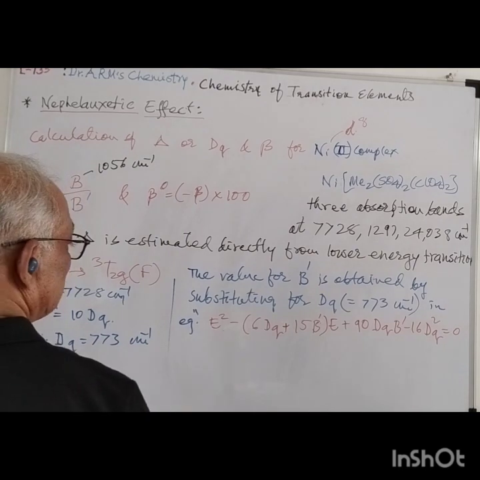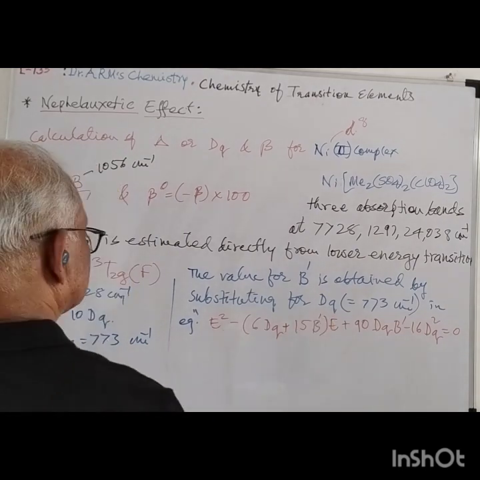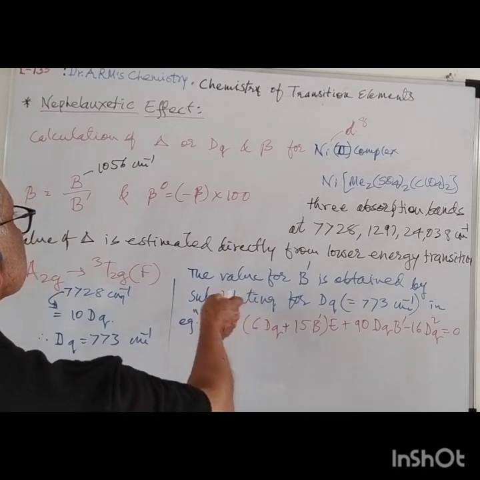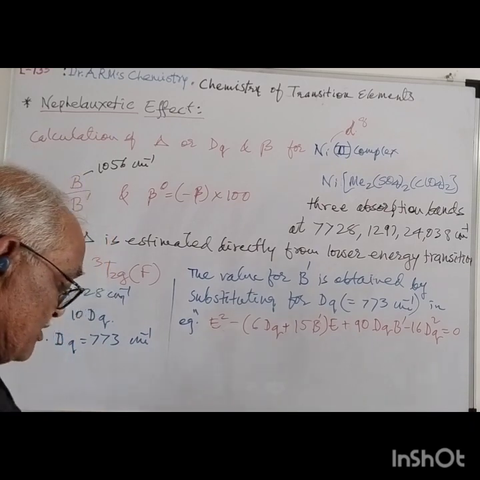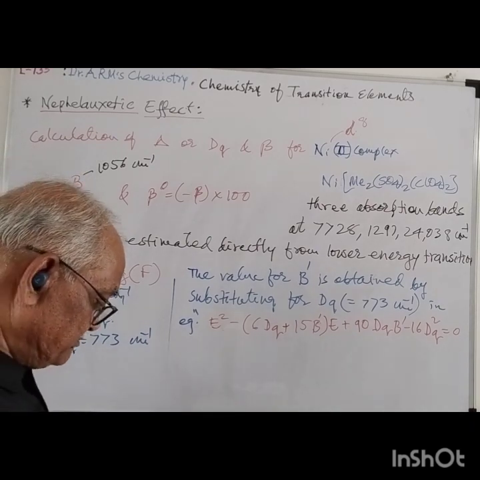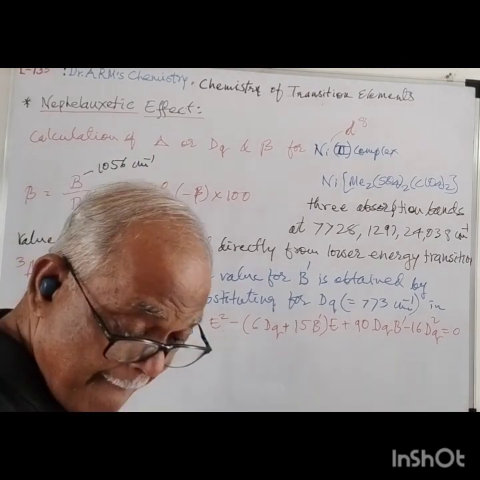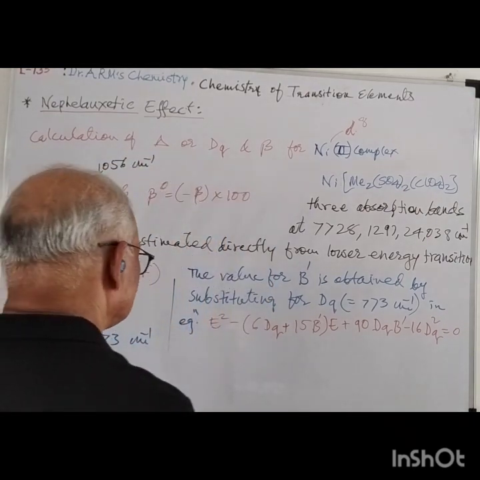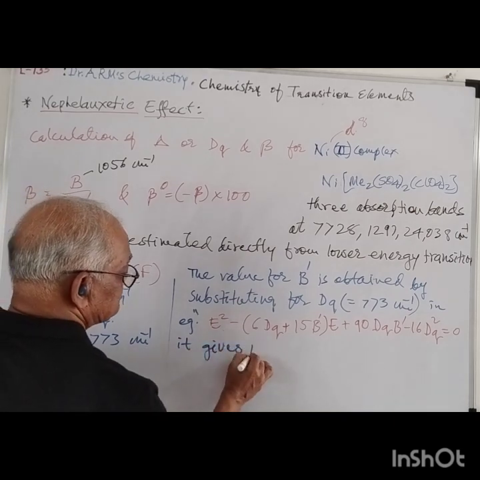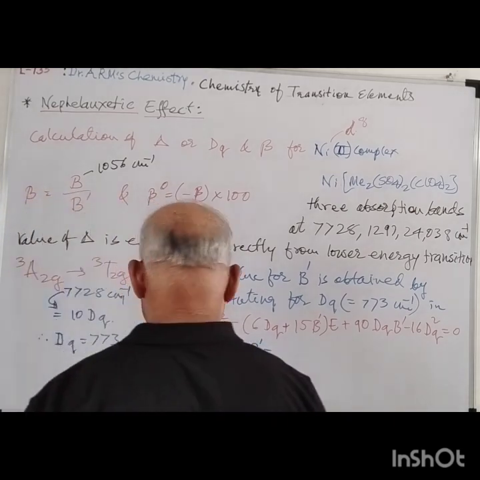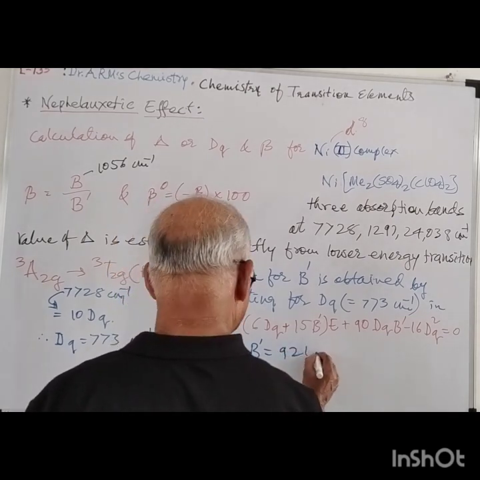So we have the dq values, then its B values, from which we can calculate the beta prime. So it gives B prime equal to 921 per centimeter.